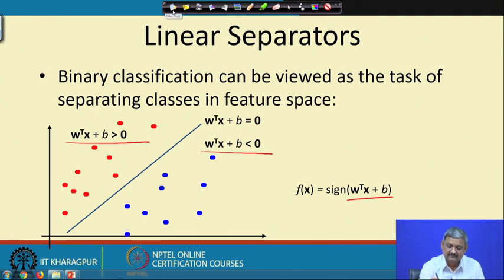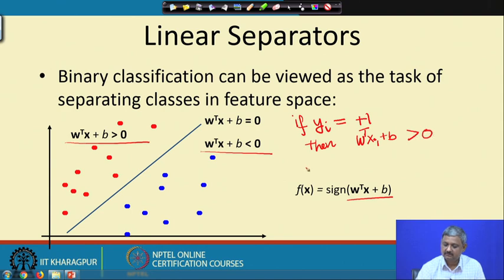So, we observed that what we want w and b to satisfy is that if yi for a training example xi, yi is +1, then w transpose xi plus b, where xi is the ith training instance, should be greater than 0.